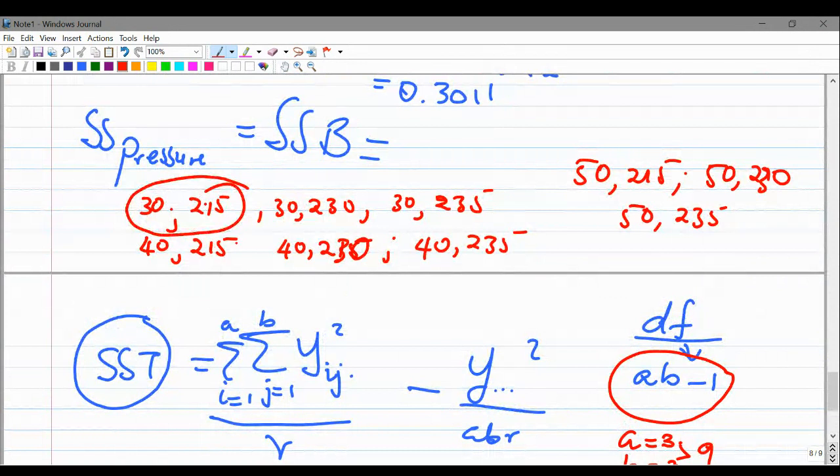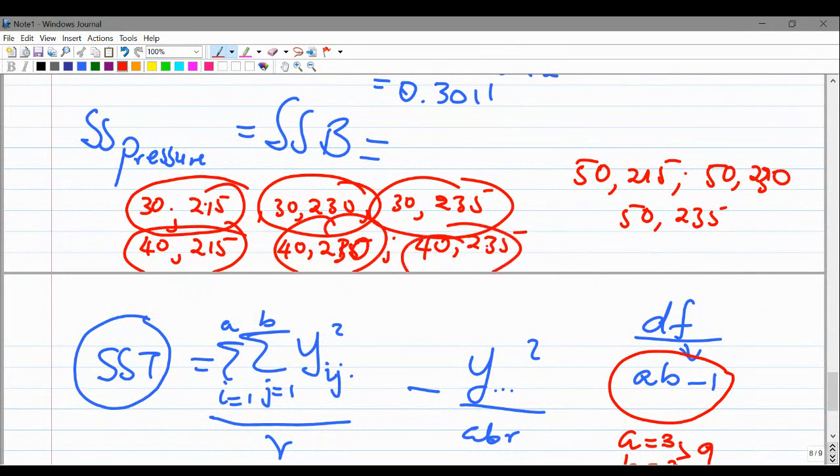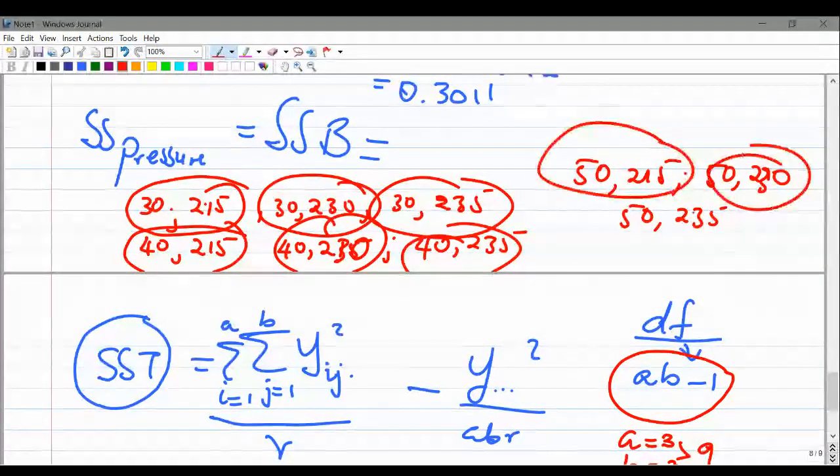That's why we're saying AB minus 1. When you subtract 1, you'll have 8. So that's how you find the degrees of freedom of treatment. We're counting the number of combinations that we have from the problem.